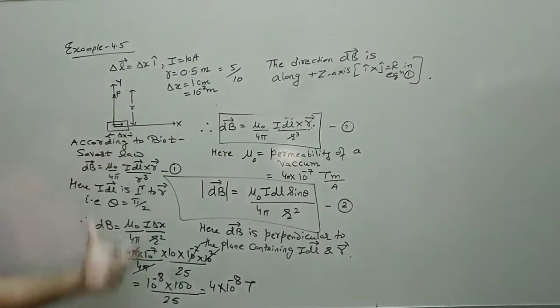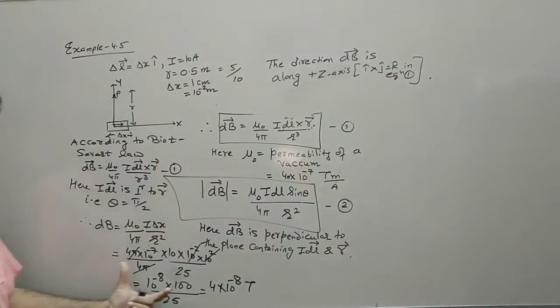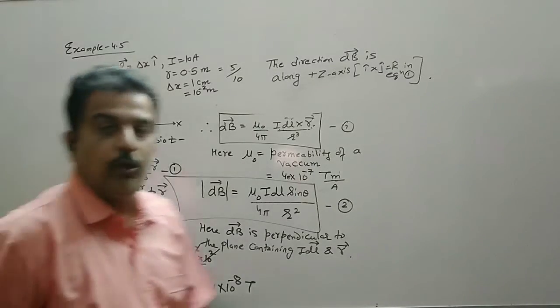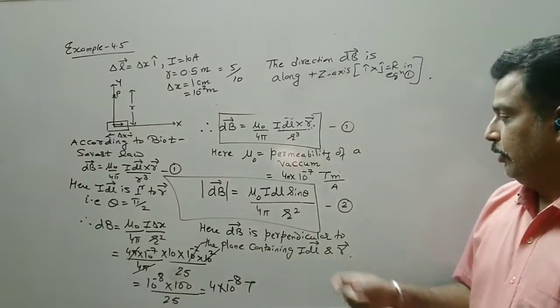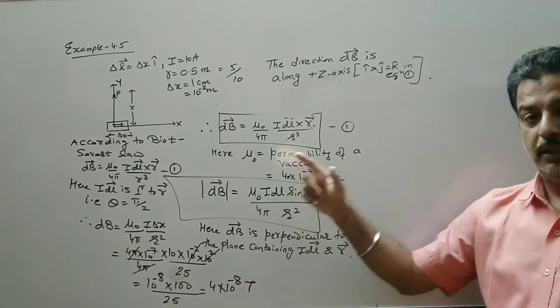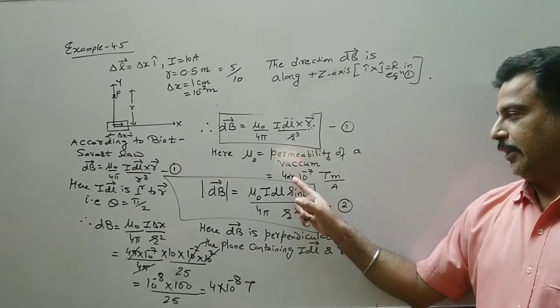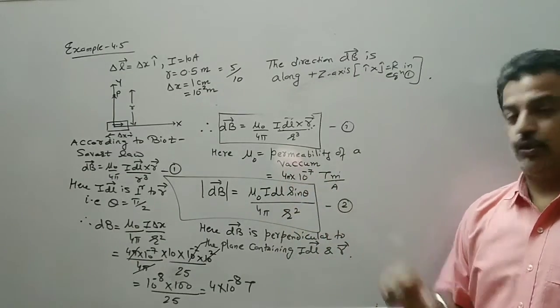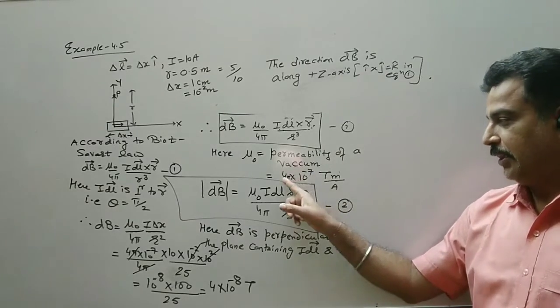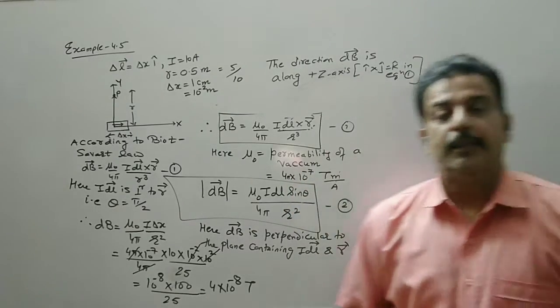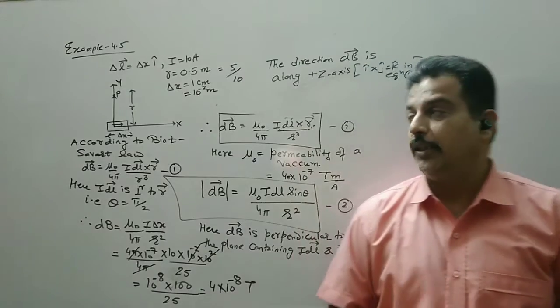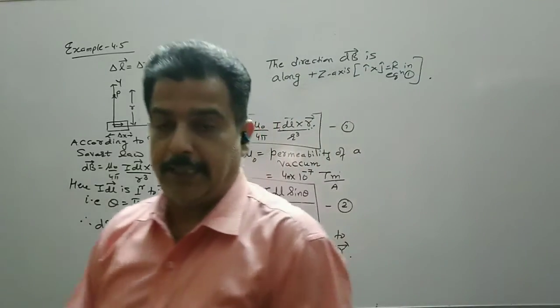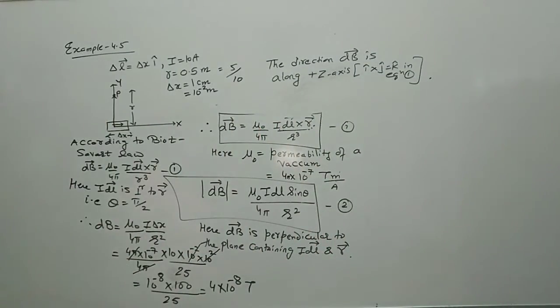So this is the direct application of this Biot-Savart law. Also, you make this correction in our theory. I have written 4 into 10 raised to minus 7. The actual value is 4 pi into 10 raised to minus 7. So you do this correction also in the theory. So this is a direct application of Biot-Savart law.